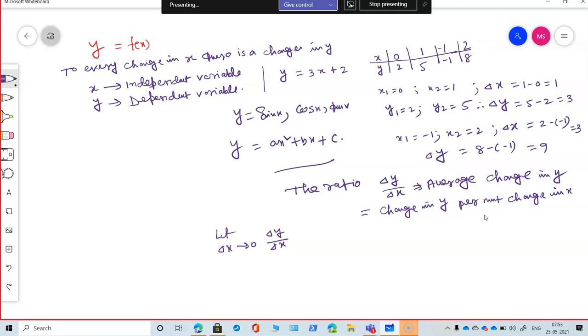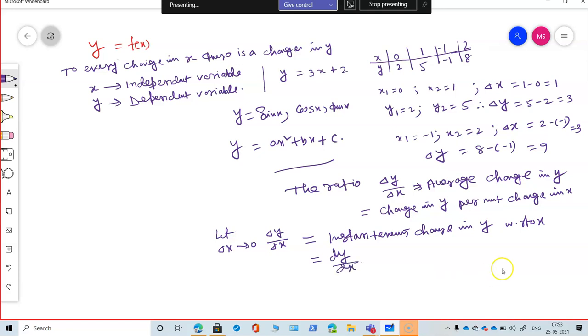So limit delta x tending to 0, delta y by delta x, this will be referred to as instantaneous change in y with respect to x, and symbolically this is represented by dy by dx.